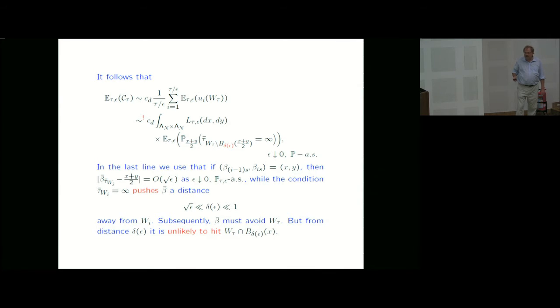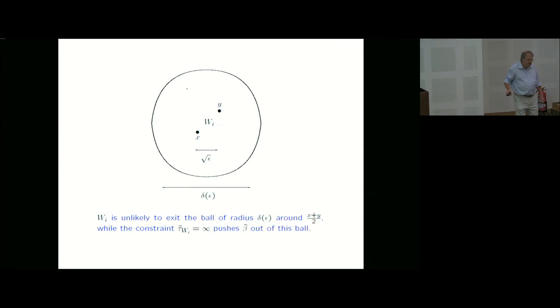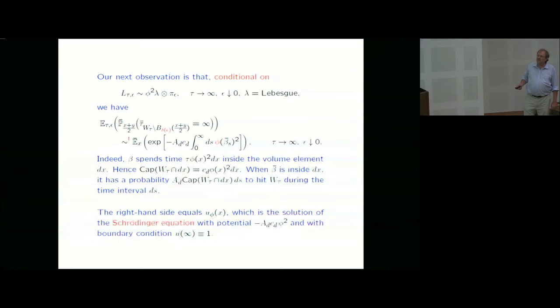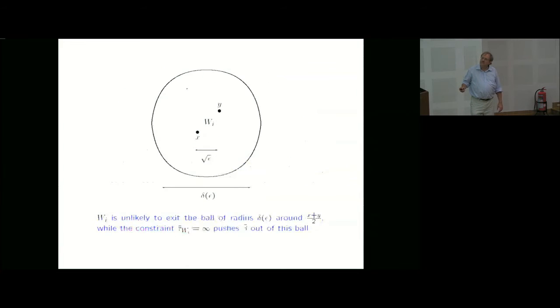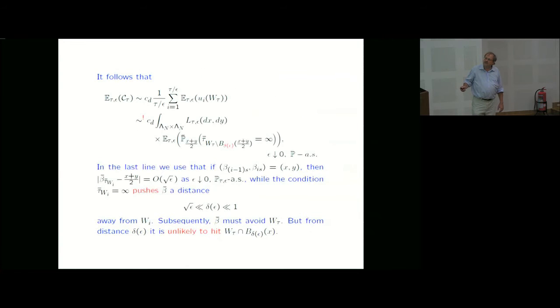And then you go through, and I'll skip this now, you can read it later. You finally end up with the variational formula as we had it before, applying the large deviation principle for the empirical measure, which is appearing in here.